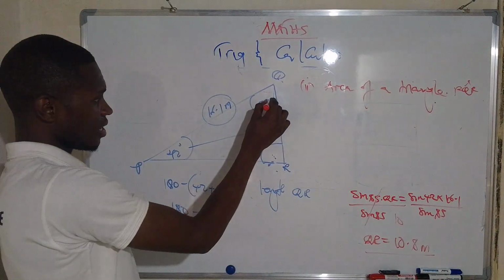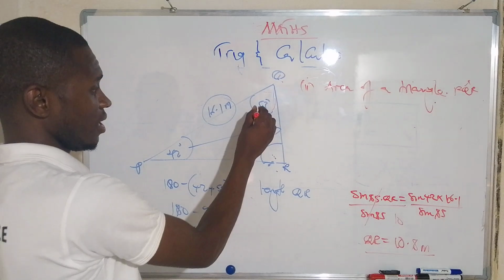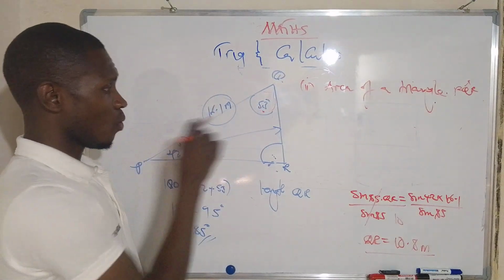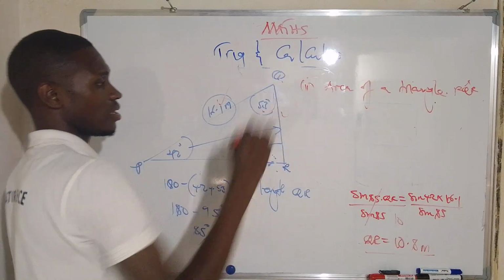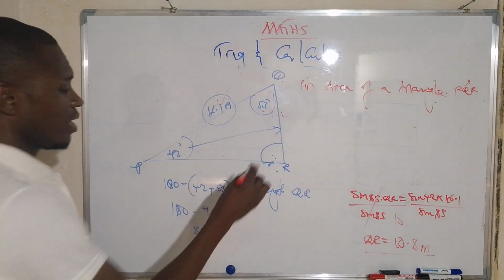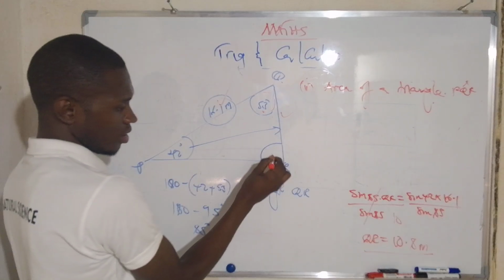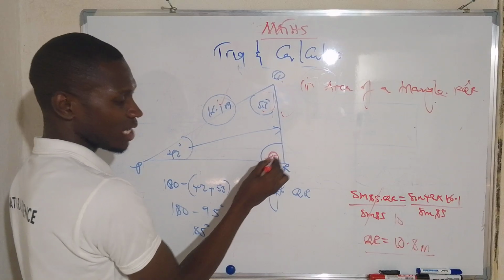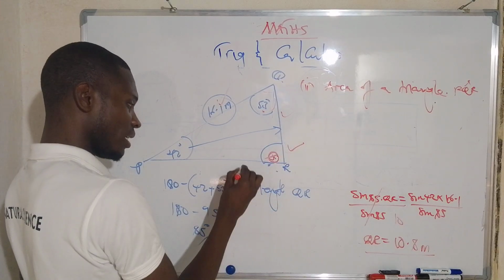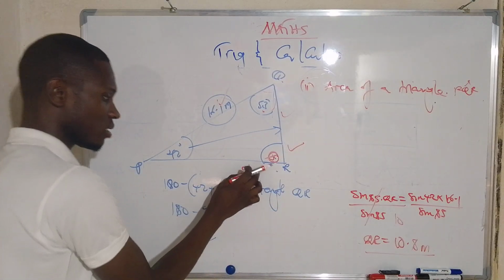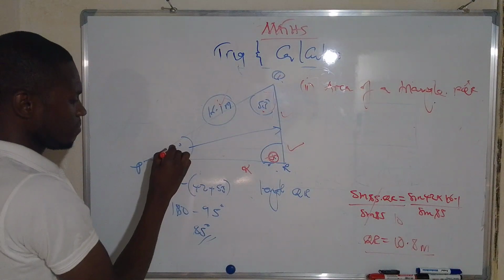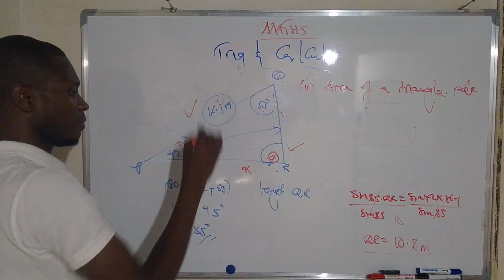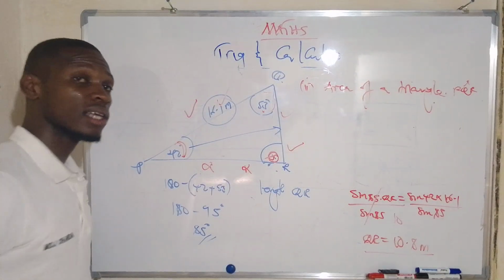So if I pick this angle, why am I picking this angle? This angle has this side and that side. I cannot pick this angle because it has this side, but it is missing this side. Then also, if I pick this angle, it has this side, but again, it is missing this side.